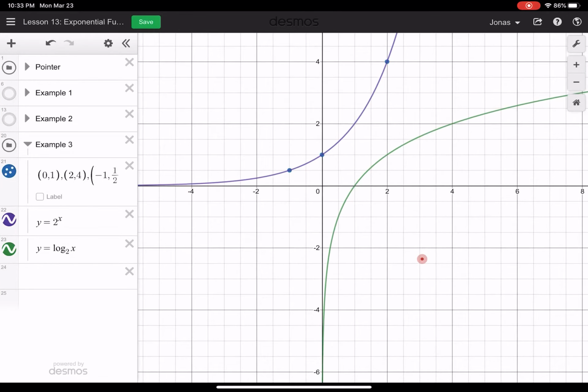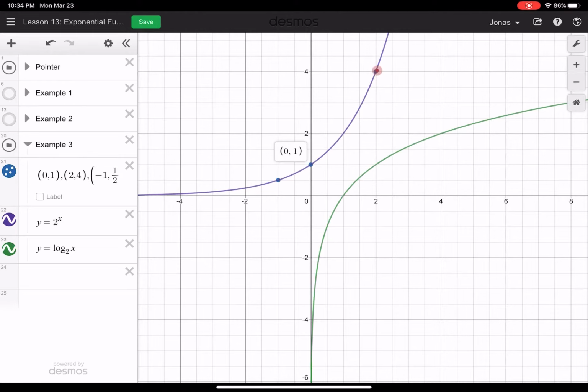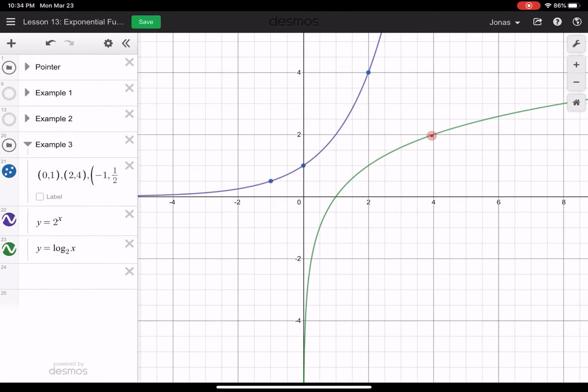The point up here, 2, 4, is going to end up at the point 4, 2. So when x is 4, y is 2. This point ends up over here. And a point down to the left of the y-axis down here, this point was the point negative 1, 1 half.